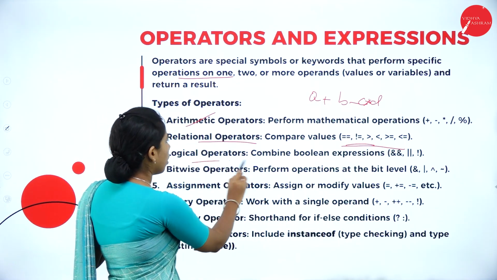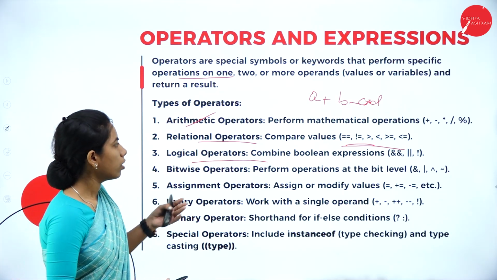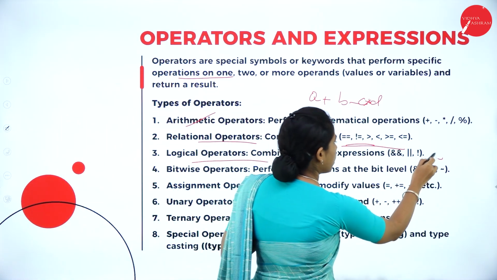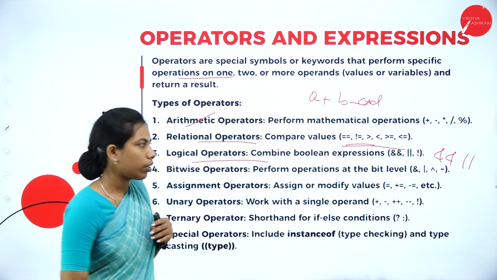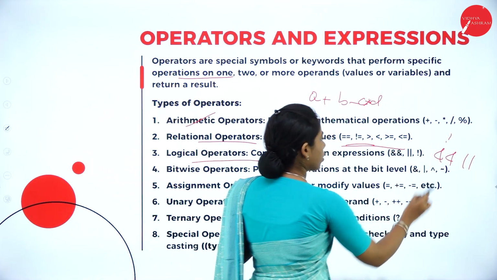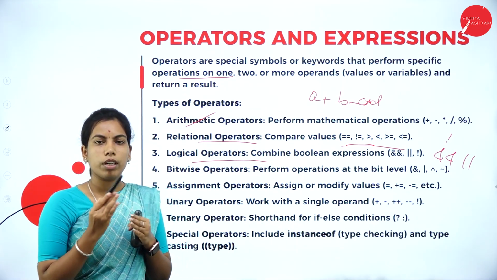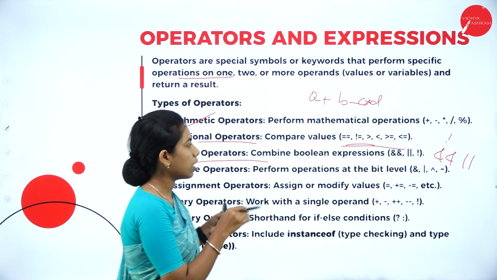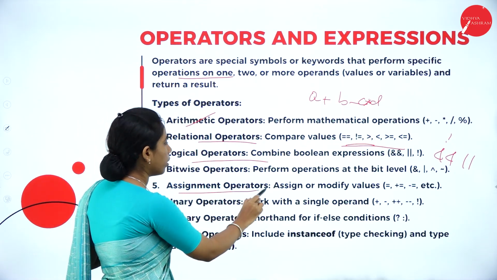And come to the logical operator, mainly we use and, or, and not. These are for logical AND, logical OR, and for negation. So this is NOT. And come to the bitwise. It is bit level. One bit is calculated. That's why single AND, single OR, single NOT. And also come to the assignment operator.